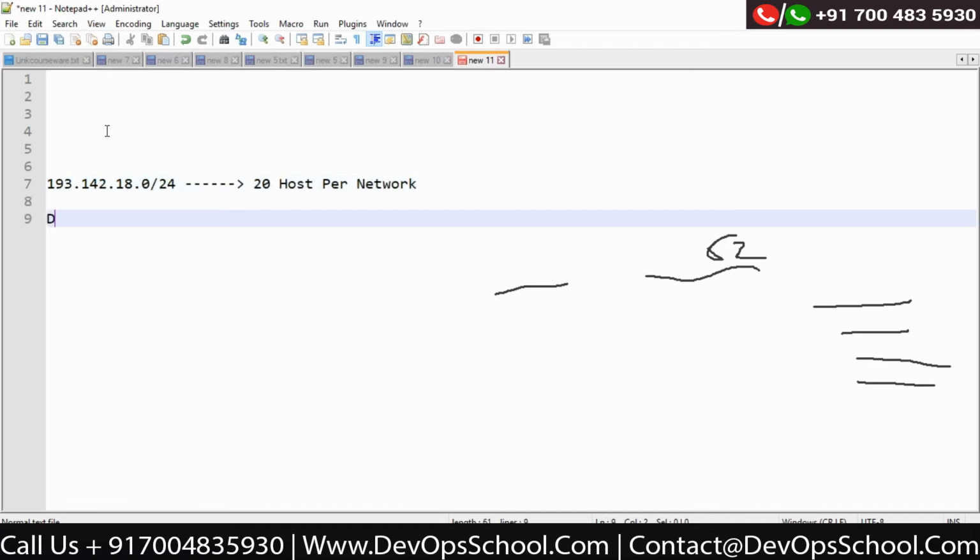So divide this network in such a way I should be able to get 20 or more than 20 IP addresses per network.